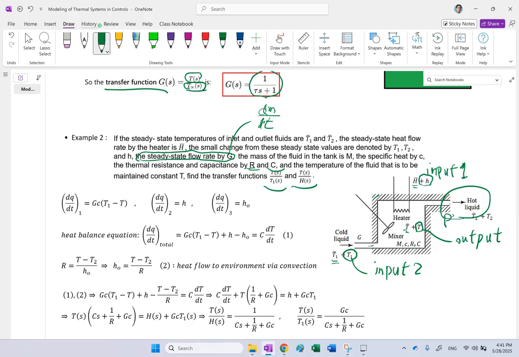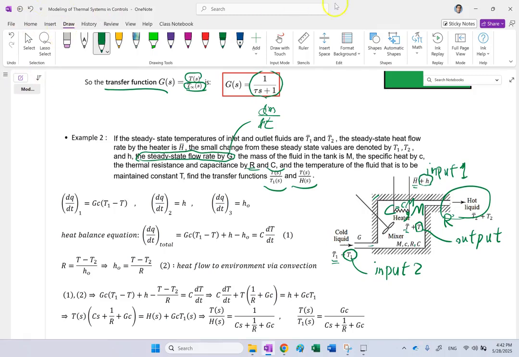So here you have R, here you have C. And the total mass in the tank is M, of course, where this capital C is small c times M, as you know. And we want to find those two transfer functions.